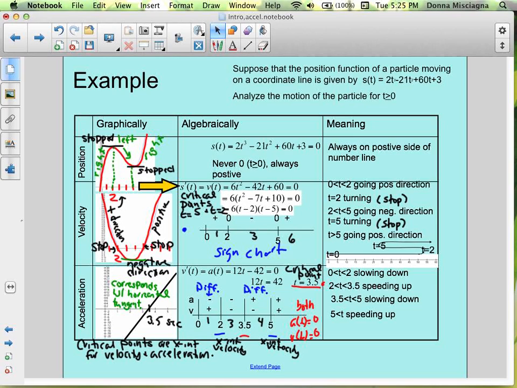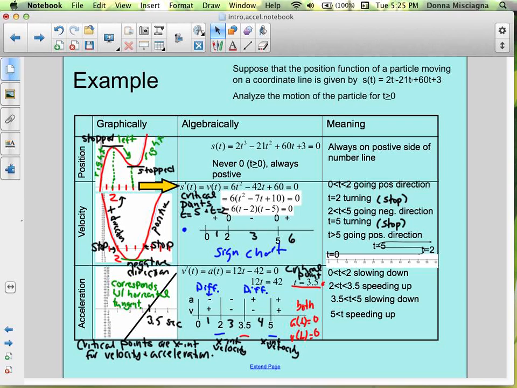Our solutions to a derivative are called critical points. That's where something important may be happening. Those are our candidates for something important happening. In this case, it's our candidate for where our object is stopping, where our velocity is 0. So we have 2 critical points, 2 and 5.